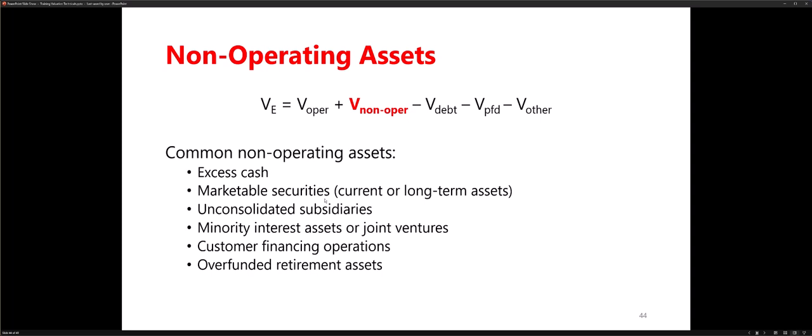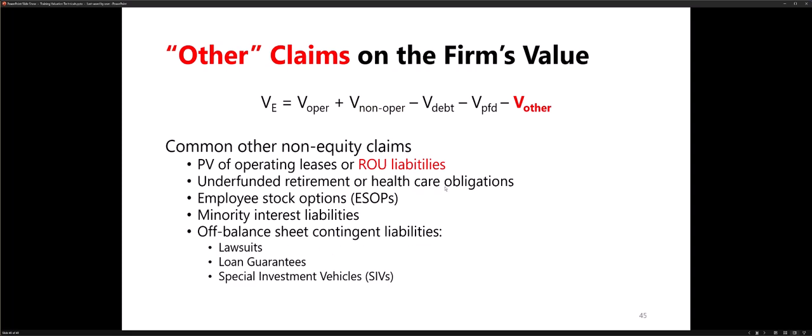Your marketable securities we did not include to calculate invested capital because they're interest bearing. Your other stuff that we did not include. So that's commonly used non-operating assets.